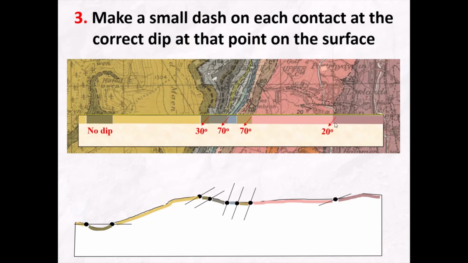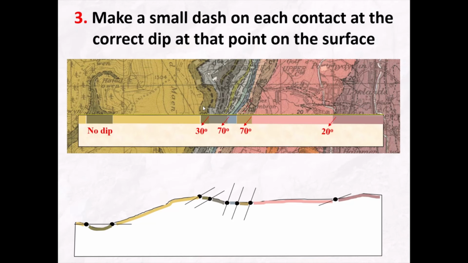So for example, here where I've got this dip of 20, I'm going to assume that that 20 applies to this contact between these Devonian rocks. Then here at 70, that's very close to my cross-section line, so I'm going to assume that the rocks in that vicinity are dipping at 70 degrees. And then here you can just see the 30 and the 0 peeking out.